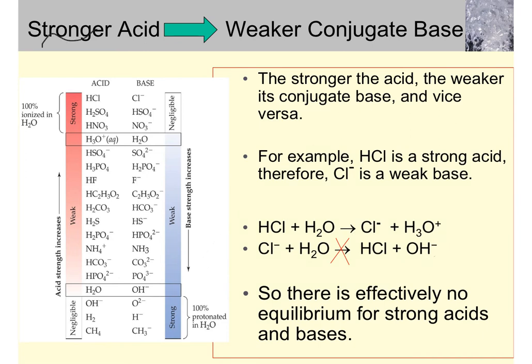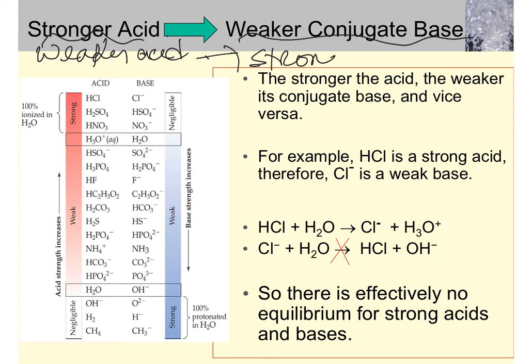The stronger the original acid, the weaker its conjugate base. In other words, the less basic its conjugate is. Likewise, we could say the weaker the original acid, the stronger its conjugate base is.